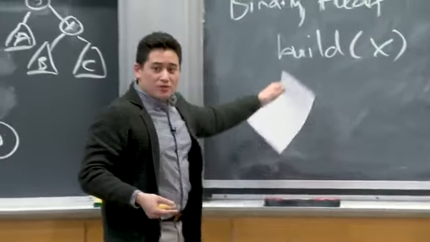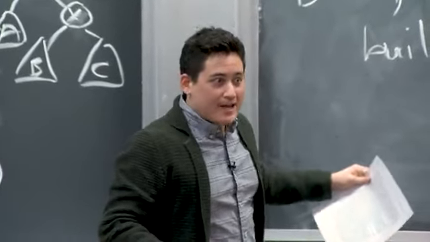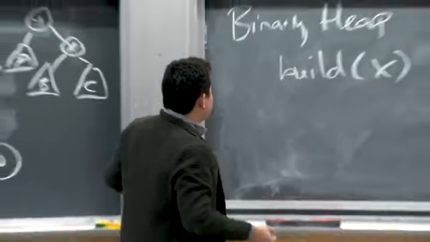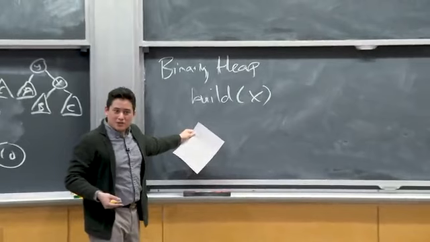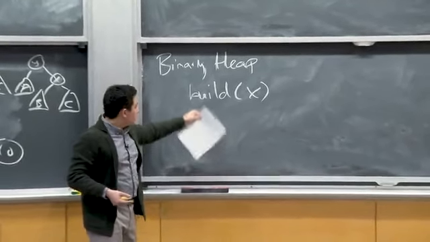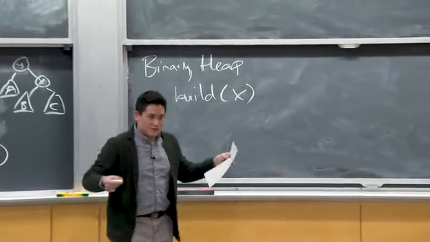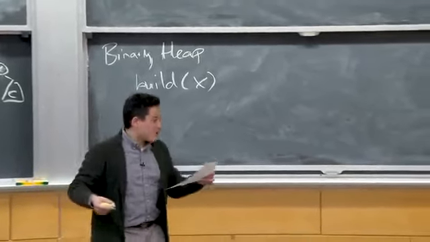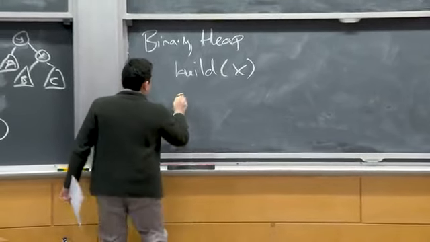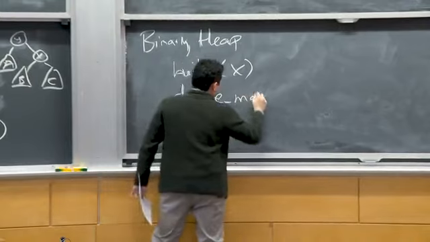It's implementing what we call a priority queue interface. I can build these things. I can insert things, but I'm not going to do that here. All I really need for this situation is a delete superlative kind of operation. In this case, probably delete max.